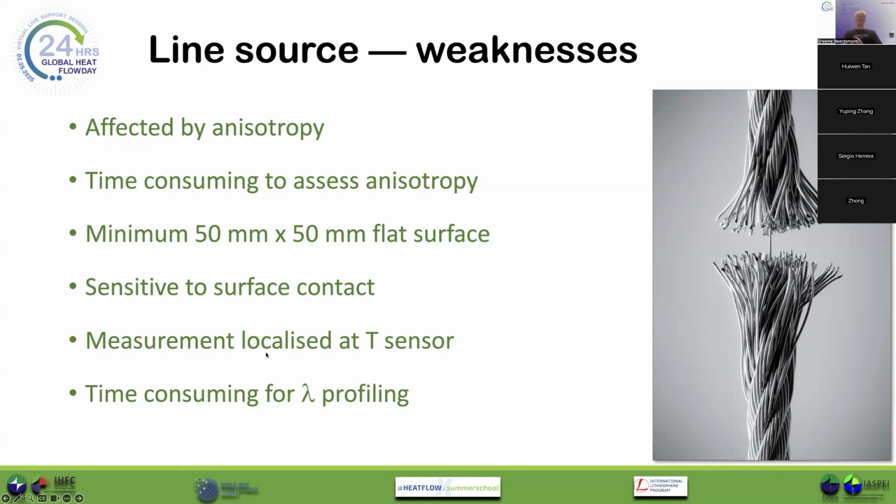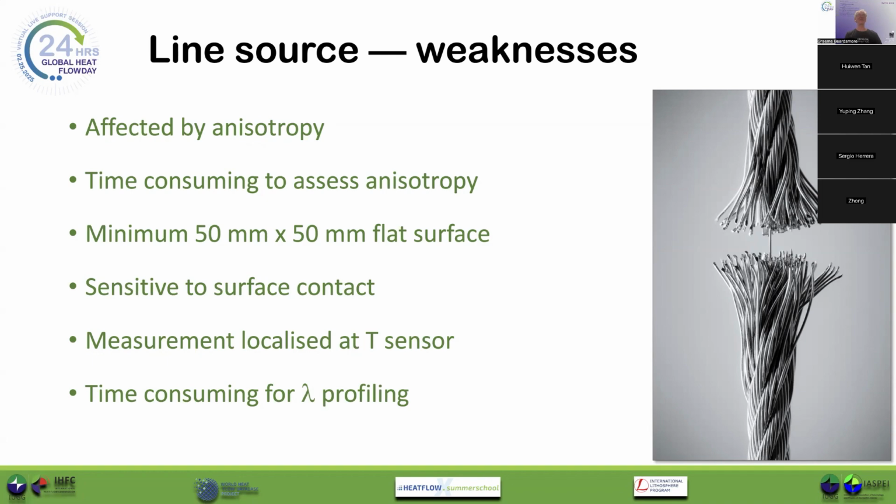And also, most of these sensor probes only have a single temperature sensor within them, and you're really just getting a thermal conductivity measurement in the close proximity of that temperature sensor. So a temperature sensor is really just a single point.